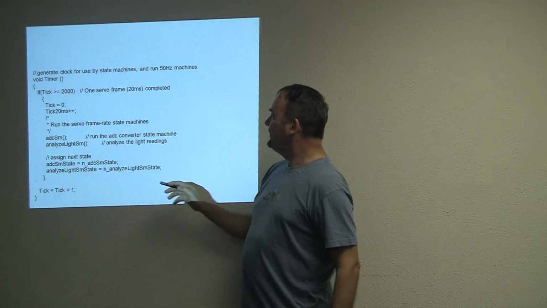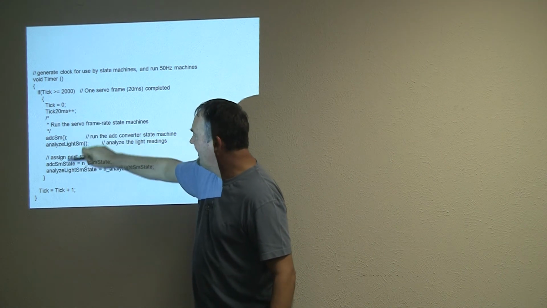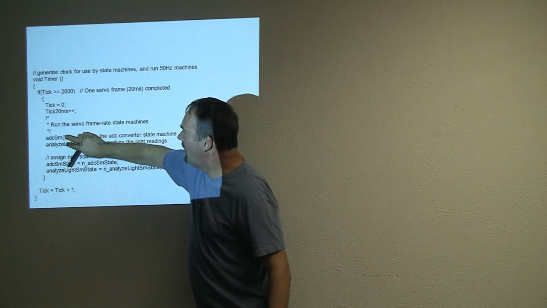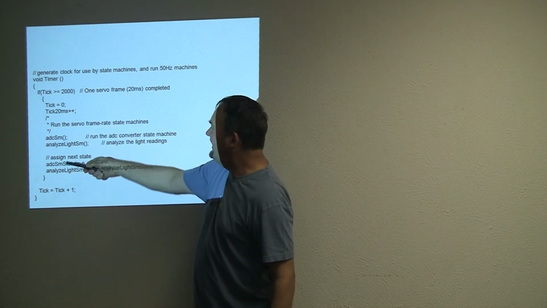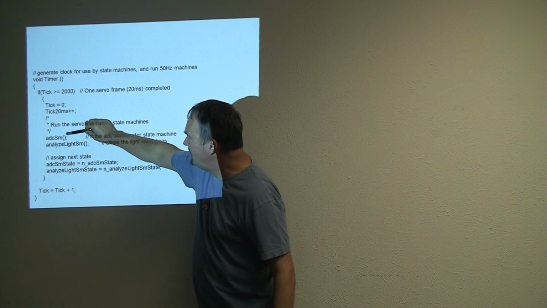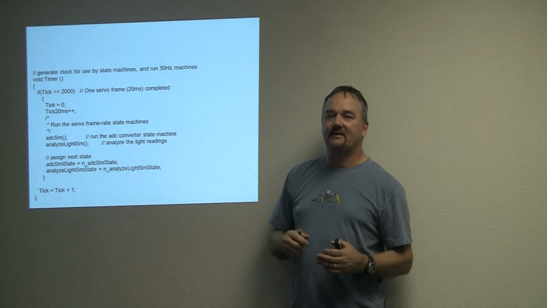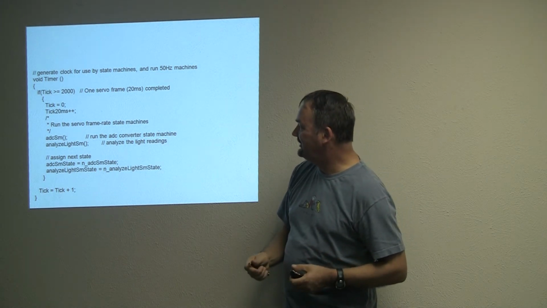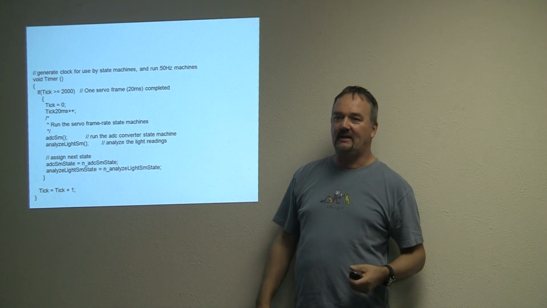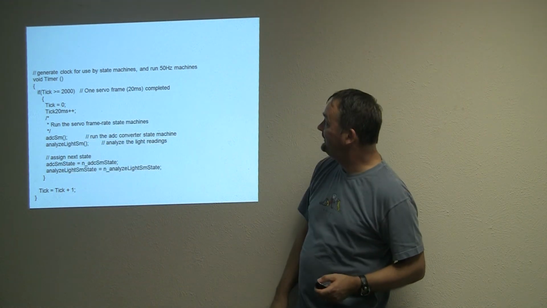The trick here is if you assign the state directly within the state machine, then when this state machine computation function is called, depending on the order that you have your state machines in, it may pick up a transitional state that you didn't intend in one of the other state machines. So it's just better practice to have it transition cleanly, have all of the states transition at once, and then you recompute all of the state machines again next time through the loop based on what the current state is.